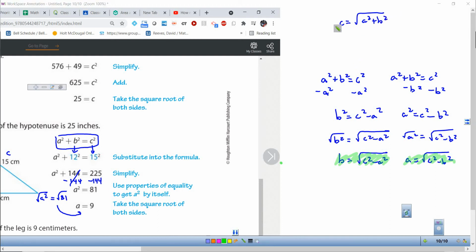If you want to find C, the hypotenuse, you use this formula, the square root of A squared plus B squared. If you want to find either one of the legs, A or B, you use those. So these 3 formulas highlighted in green all come from this original formula, highlighted in magenta, A squared plus B squared equals C squared.